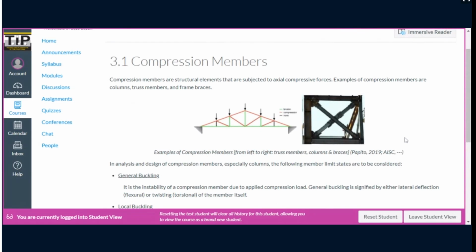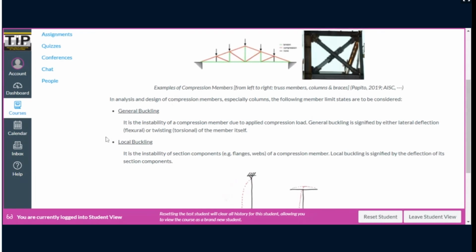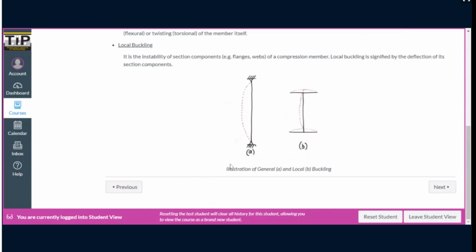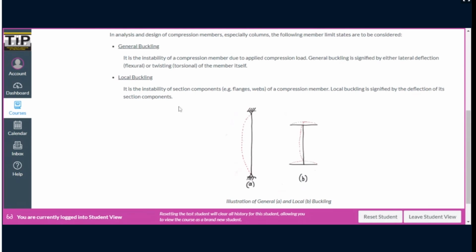Where do we see them? And then the two main limit states that we consider in analysis and design of compression members, we have general buckling and we have local buckling. So for this lecture, we will only be discussing right now general buckling. Okay.